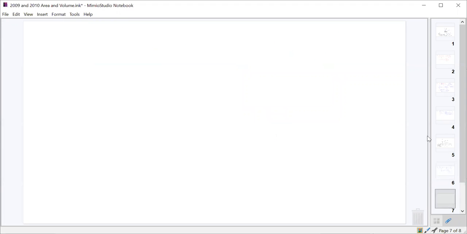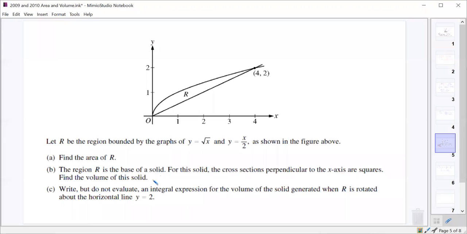All right, so for part B, it then says that this region is the base of a solid and the cross sections perpendicular to the x-axis are once again squares. So easier. If we have squares in here, we know that the area of that square is the side length squared. And the side length should just be the distance from root x to x over 2.